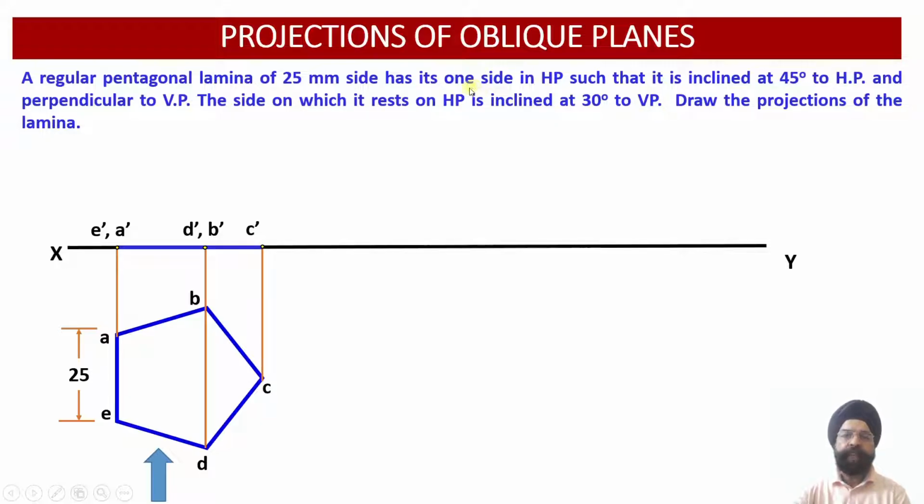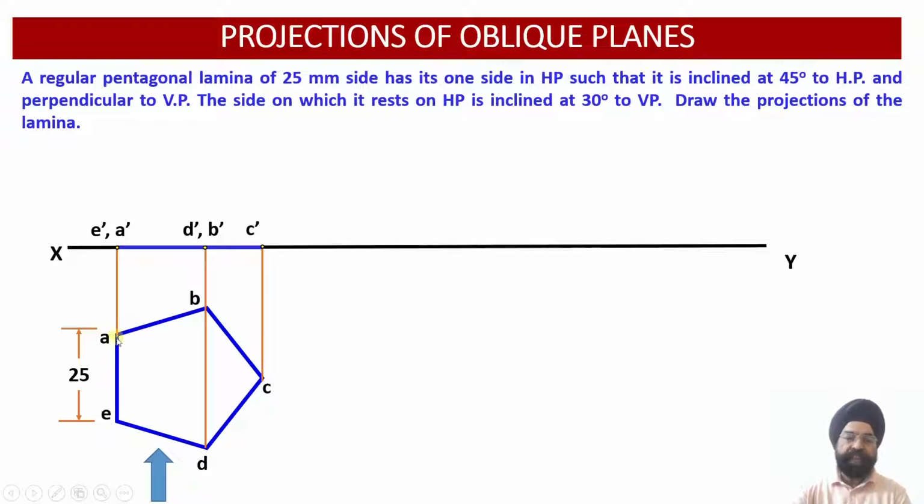Since the lamina is resting on one of its sides, I cannot lift this edge view in this orientation. Reason: if I lift it this way, my lamina will be resting on the corner on the horizontal plane, not on the edge.